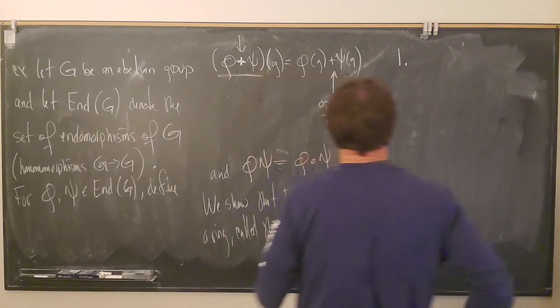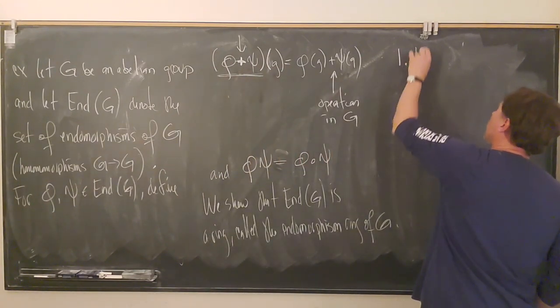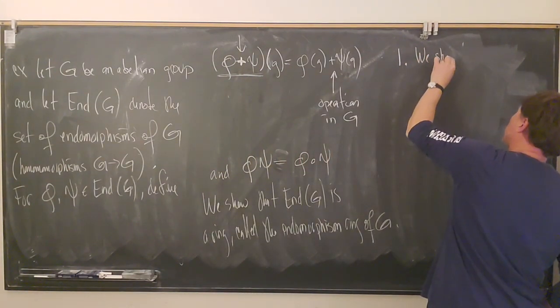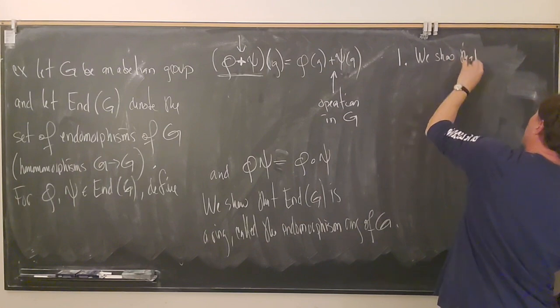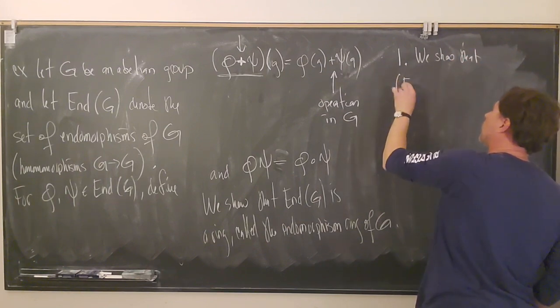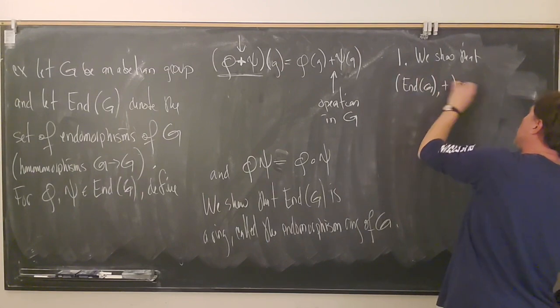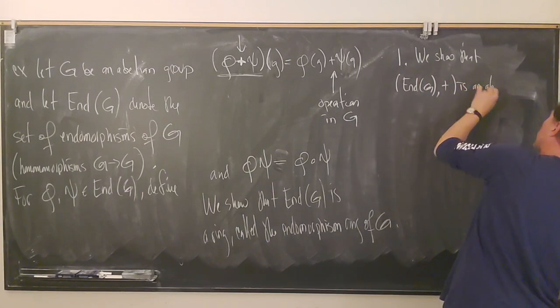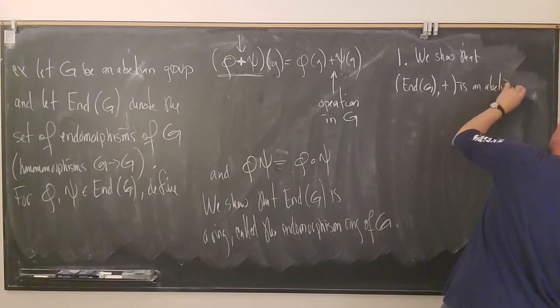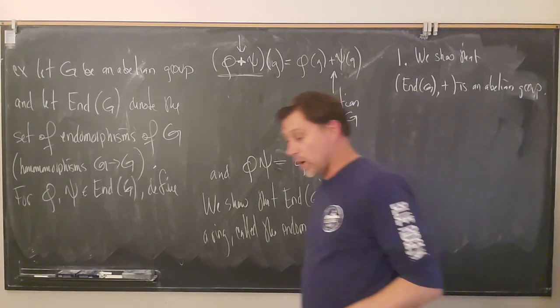So for the first one, we show that End G, plus is an abelian group. And so what do I need to do?